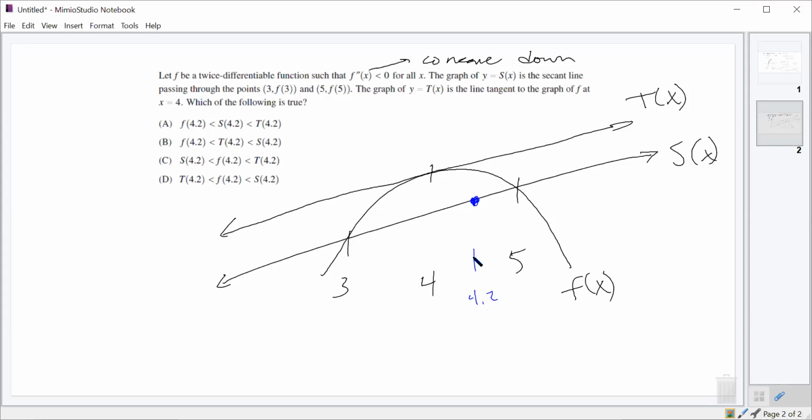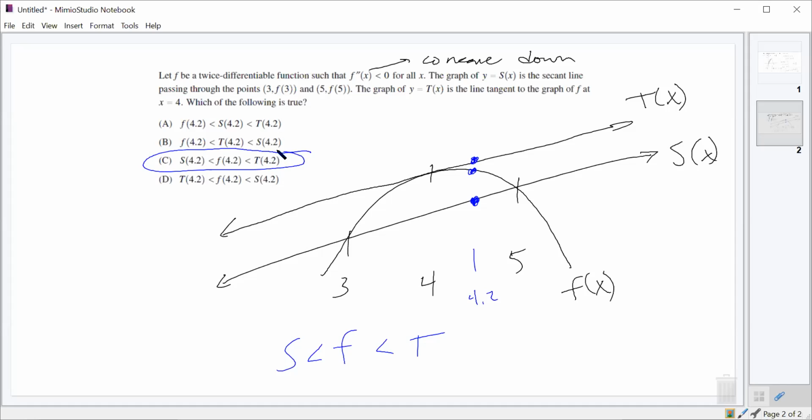The value of s at 4.2 has got to be less than the value of the function at 4.2, which has got to be less than the value of the tangent line at 4.2. So we need to have s is less than f is less than t of 4.2, which looks like that's choice C.